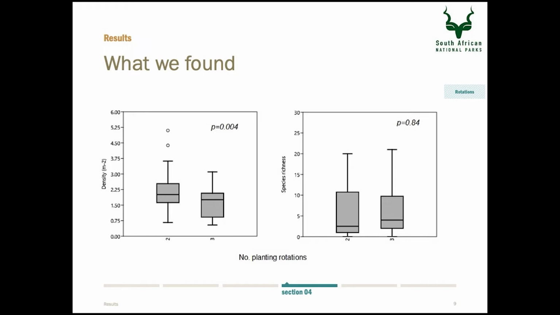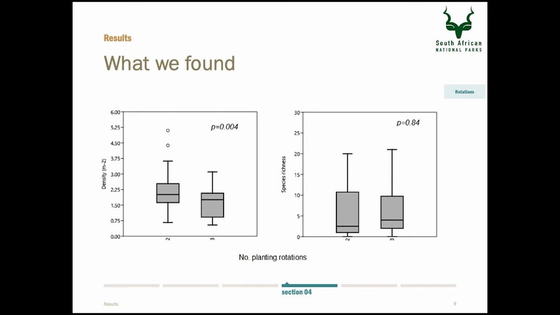When you look at plant density, it actually decreased with the increase in number of planting rotations. And if you look at species richness, although it decreased, that decline was not significant.